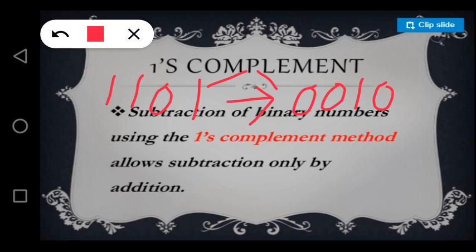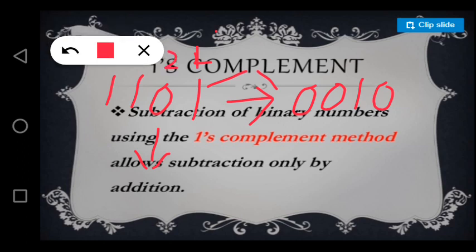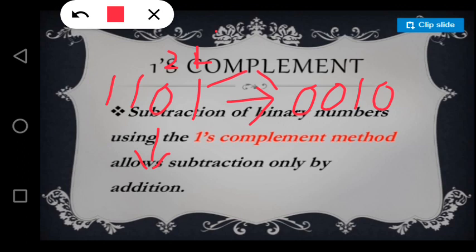All of you know how to convert a binary number into the equivalent decimal value. The weights are 1, 2, 4 and 8, instead of 2 power 0, 2 power 1, 2 power 2, 2 power 3. By this time I hope you understand.